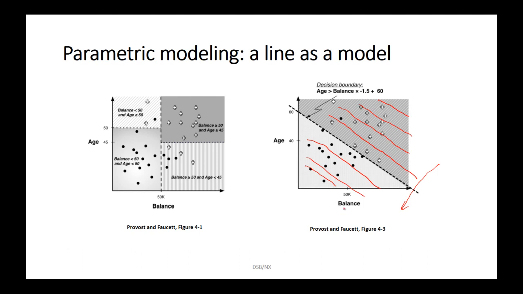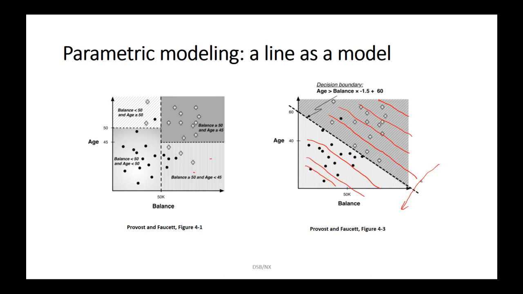Therefore, it provides more granularity for class probability estimation, whereas in a decision tree, each leaf node, i.e., each segmented space, shares the same estimated probability. This instance, this instance, and this instance will share the same estimated probability. But these two instances, using this kind of classification, should have really different estimated probabilities of being bad.